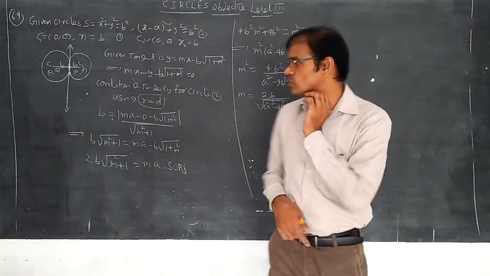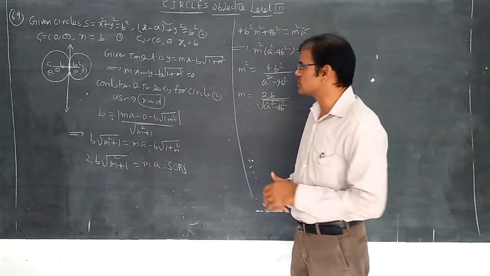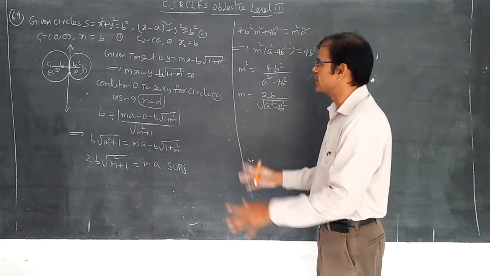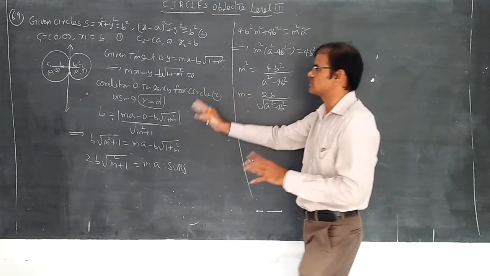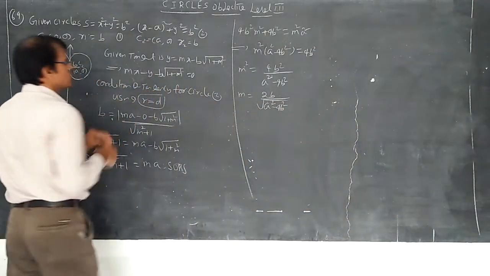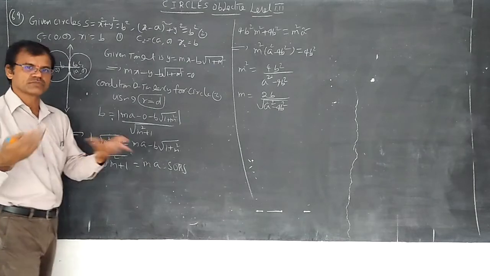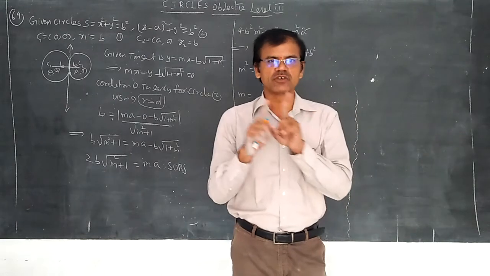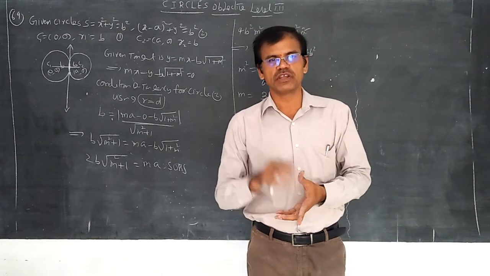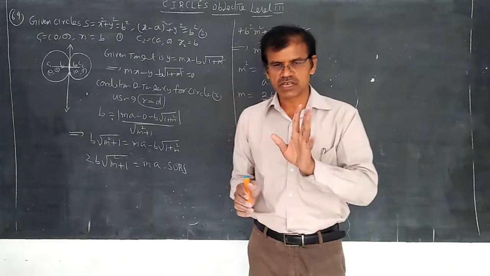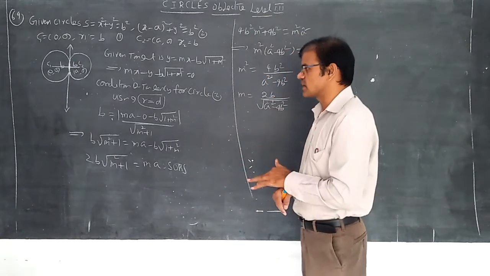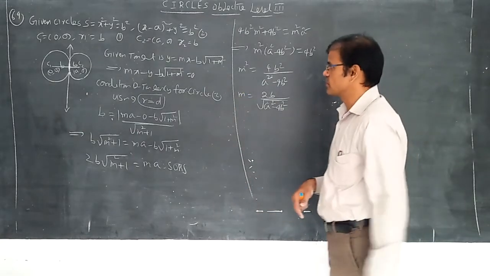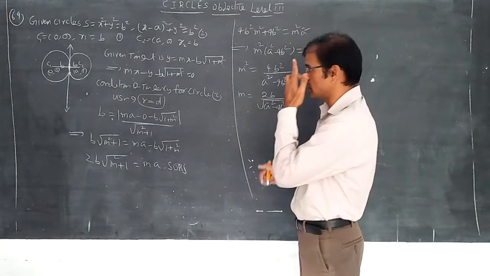If you use the condition of tangency with the first circle, you will just get b = b, the same answer, so there is no need to use it. It is absolutely correct, but b = b is not the answer according to the options, which is why we took the second circle. If you have any doubt, you can take the first circle also.